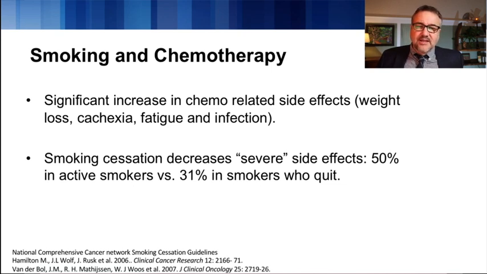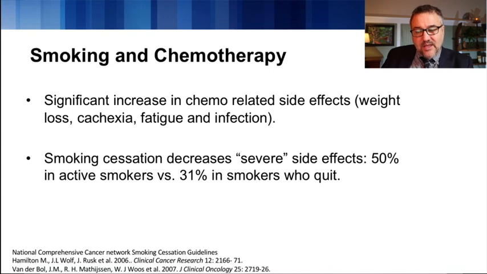The other thing is that treatment is much more effective. Here we're going to look at side effects. There's a significant increase for smokers in chemotherapy-related side effects, weight loss, cachexia, and fatigue, and a decrease in severe side effects if people quit smoking. We see smokers with about 50% of them getting severe side effects.